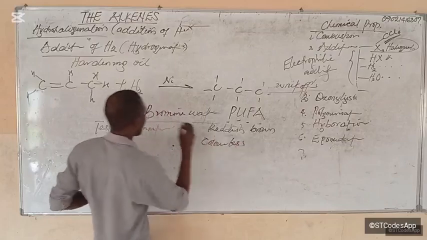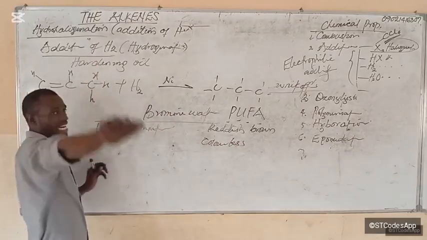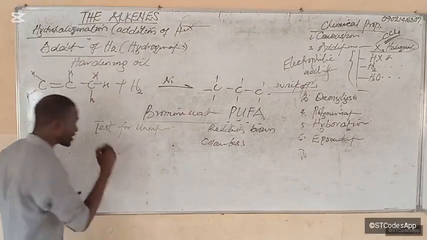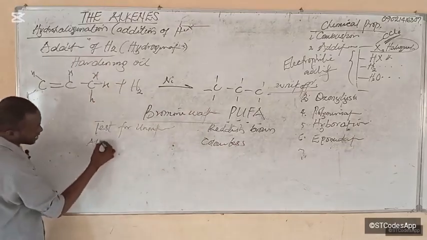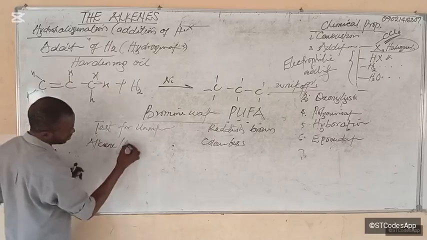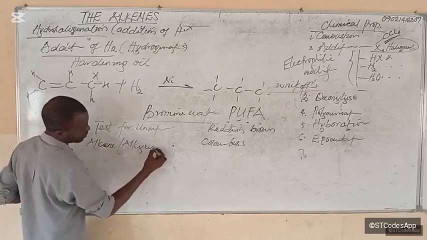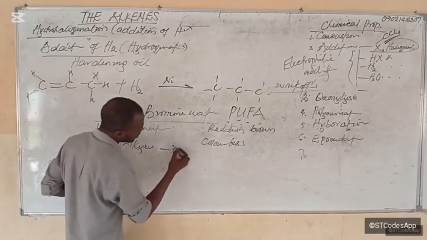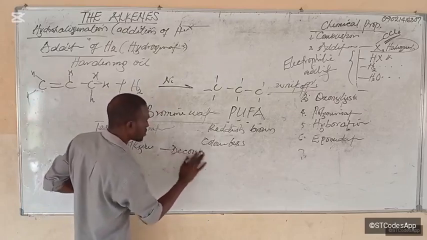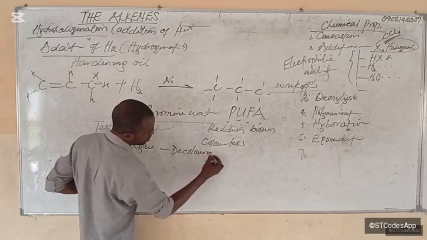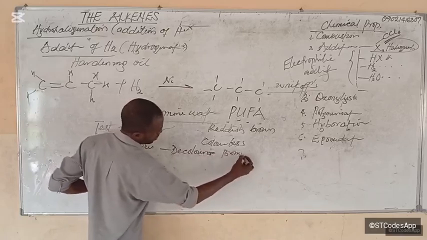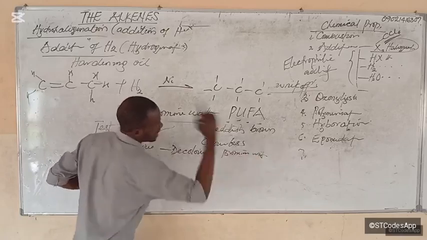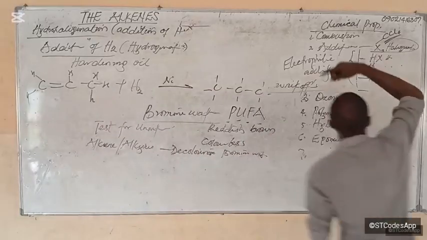So we say that alkenes and alkynes decolorize bromine water. Alkenes and alkynes, which are both the unsaturated hydrocarbons that we have, they what? Decolorize bromine water. Please change that to alkenes.